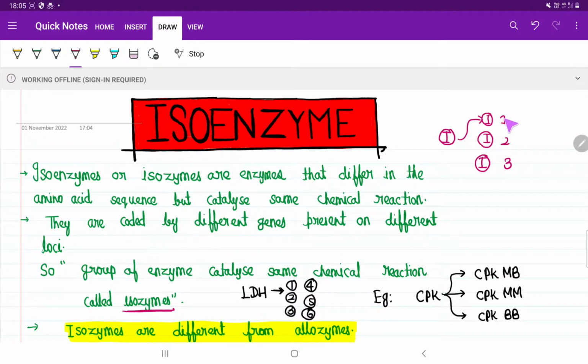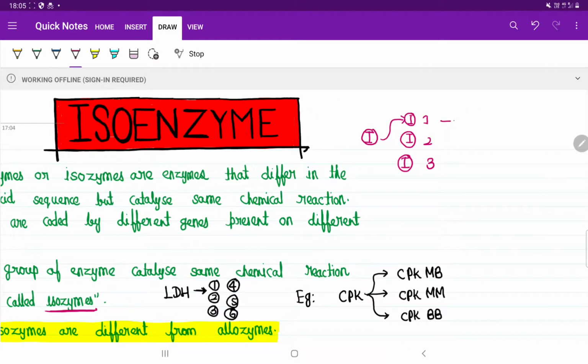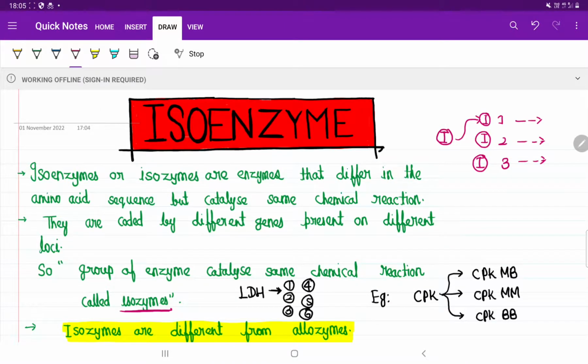Don't think that it will be coded by one gene whose one allele codes 1, another allele codes 2 and another allele codes 3. No, they are encoded by different genes only. Their locus on the chromosome is different, and their amino acid sequence will also be different. They are proteins, right? So in these proteins, the amino acid sequence is also different.